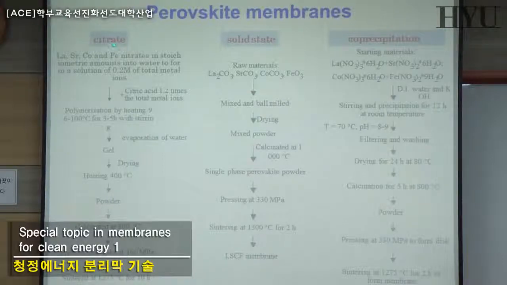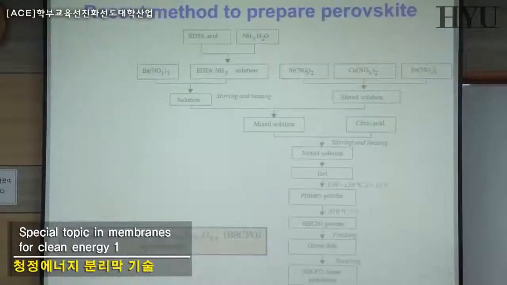But in the case of solid state, we have a little bit more complex components like carbonates or nitrates in the solution as starting materials. So raw materials are a little different. Processes might be a little different. I do not want you to repeat everything, but you can make the gel, and finally after sintering, you can make some type of perovskite membrane containing several of those components.